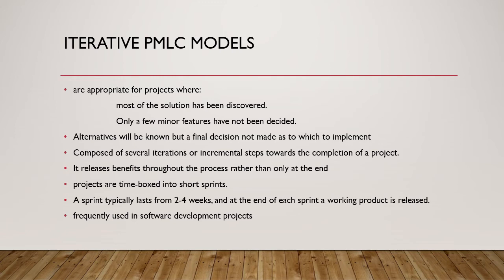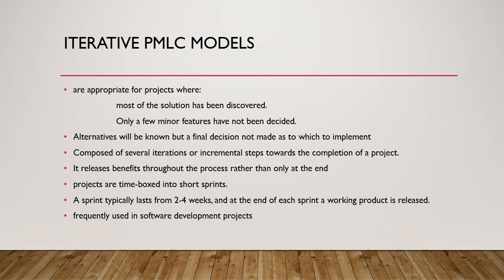Projects are time boxed into short sprints. A sprint is a chunk of activities which lasts from 2 to 4 weeks. And at the end of each sprint, a working product is released. This is the specific feature of iterative project management lifecycle models.